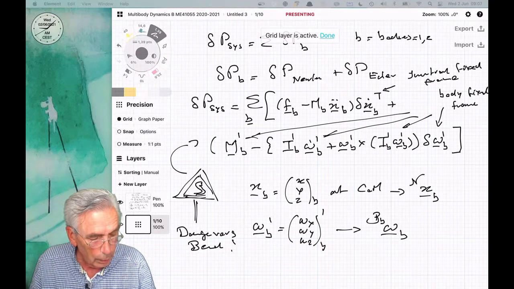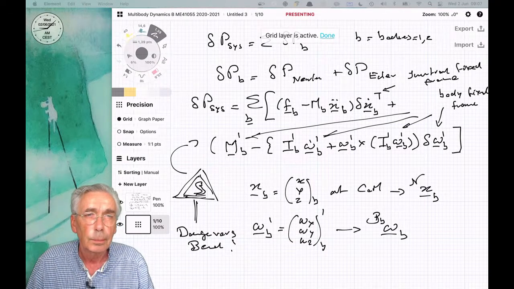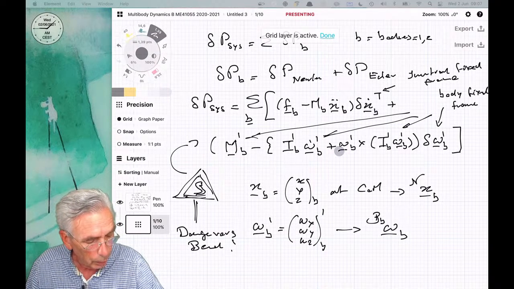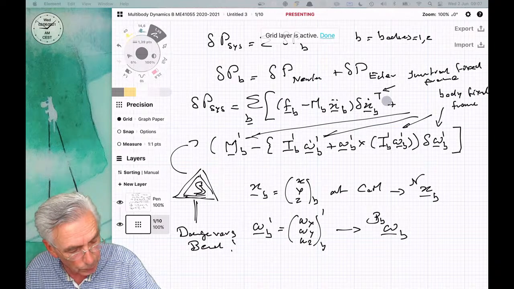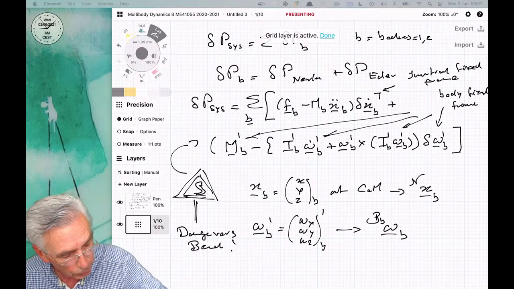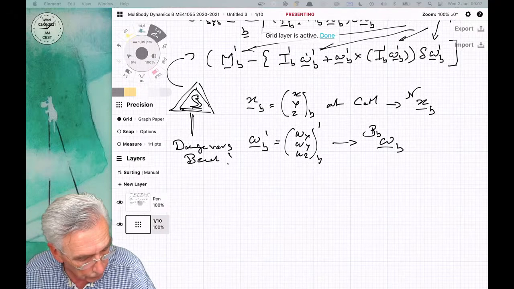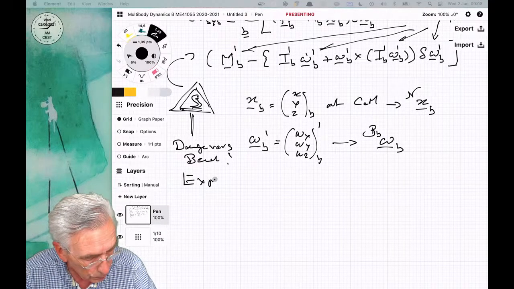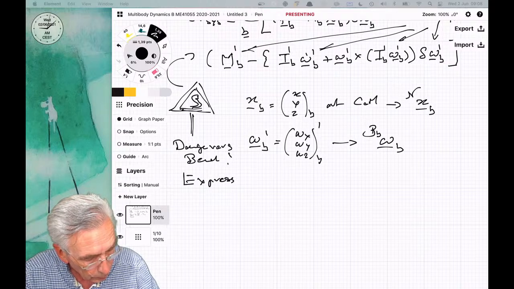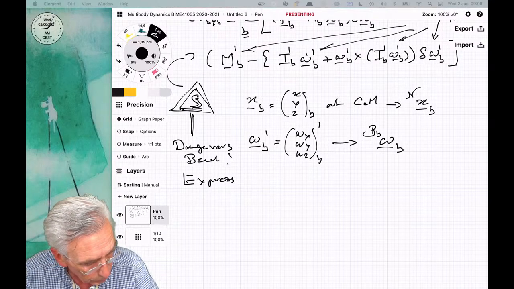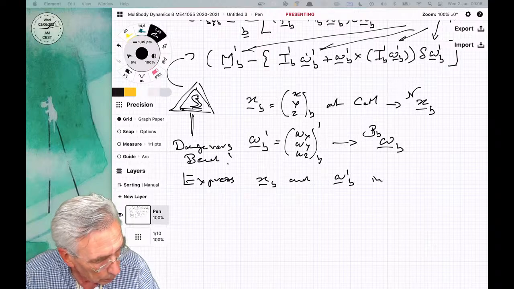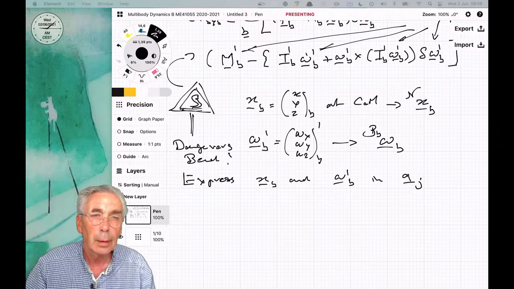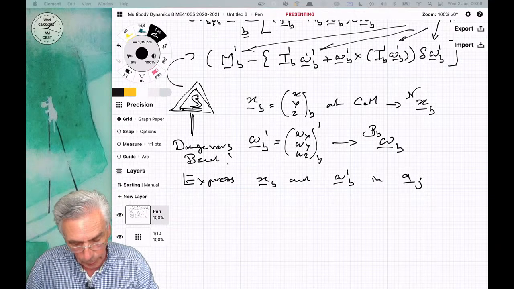Actually, we're almost done now, because we have our equations here. The only thing we have to do is express everything in terms of our generalized coordinates. So express xb and omega prime b in our Qs.